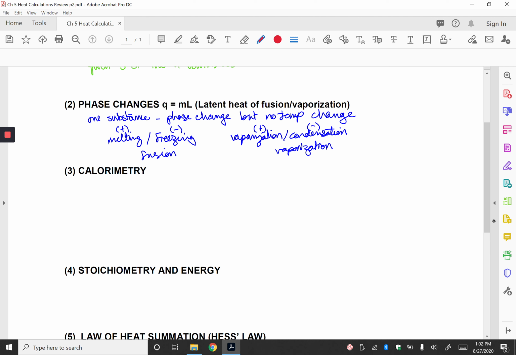So you will see either the word calorimeter or bomb, or you have 2 substances starting at different temperatures, or you have a reaction happening in water.